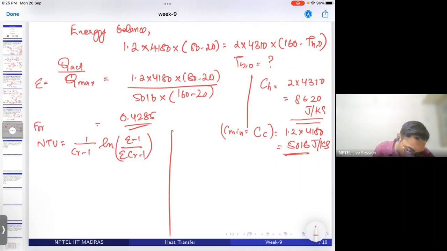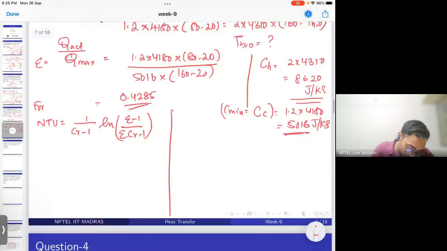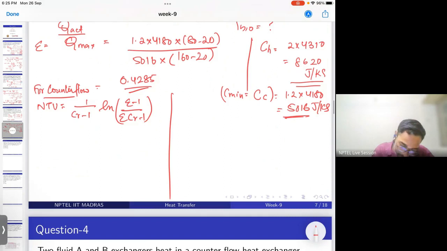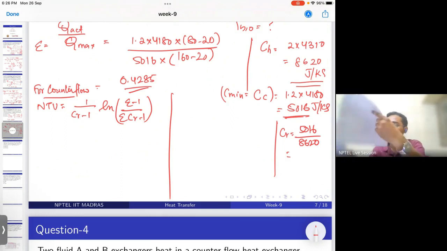This is for the counterflow heat exchanger. So what is CR? CR is C min by C max, 5016 divided by 8620. You will get CR as 0.582. Okay, so let's substitute this here.